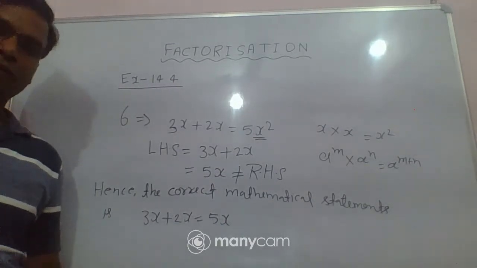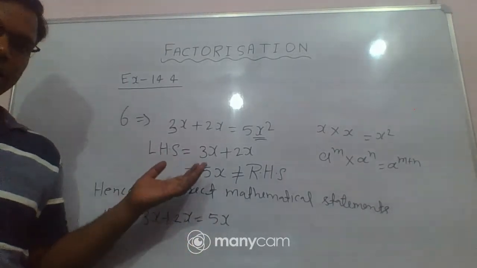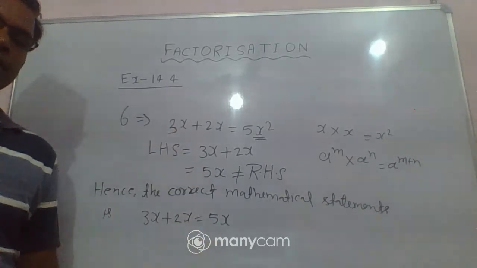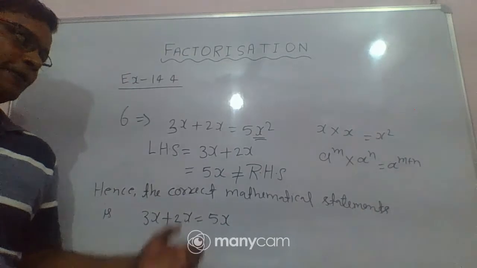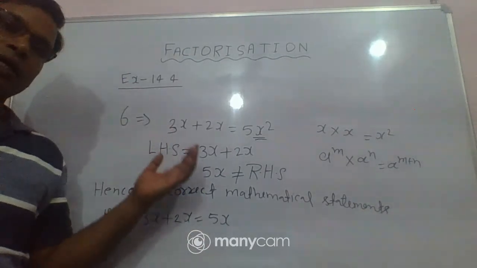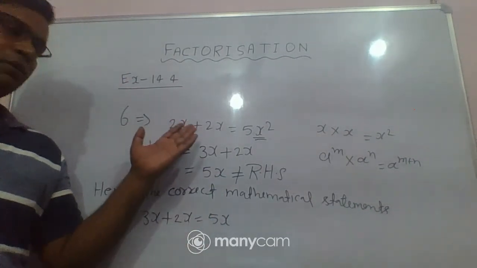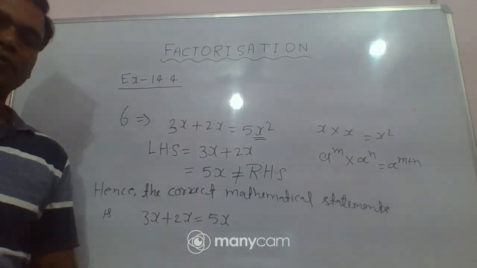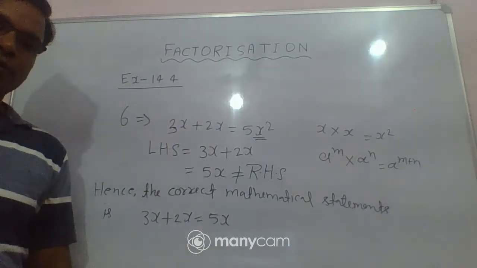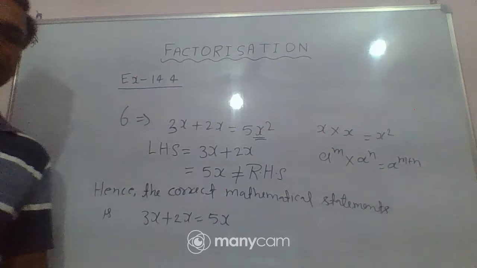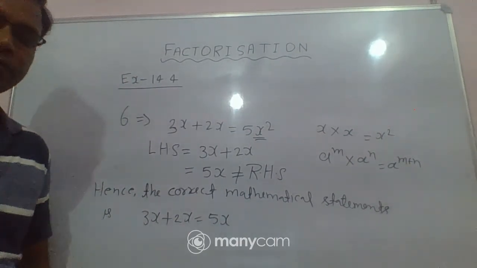This is a correct mathematical statement. Students, I hope all of you understood how to find the error in a given statement, and how we can find the correct statement of the given statements.